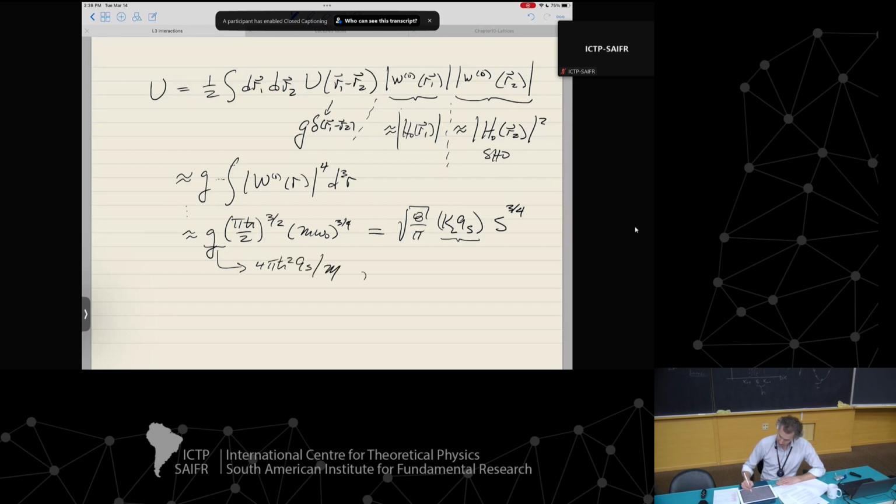And this a_s is the s-wave scattering length. So let's see. It must bother you that this is a dimensionless number, so I think this is U in units of recoil. Yeah.